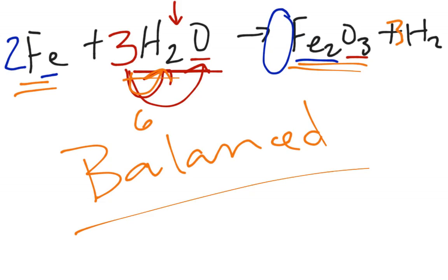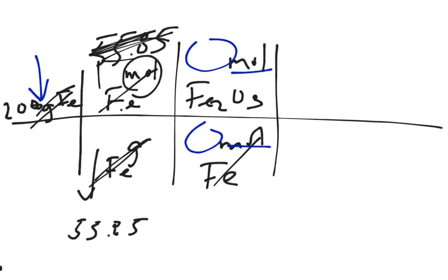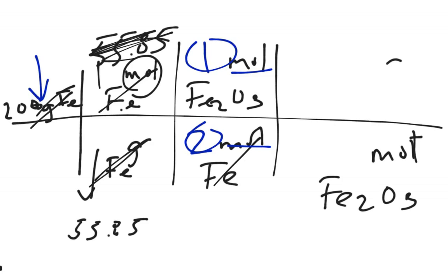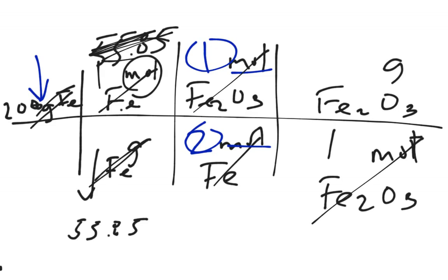Iron oxide has a 1. If you don't write anything, it's a 1, and iron has a 2. So we'll come back over to this. 2 and 1. And that is from the balanced chemical equation. And then we wanted to know how many grams of iron oxide, so we're going to switch moles of iron oxide to grams of iron oxide. My moles will cancel, 1 mole.